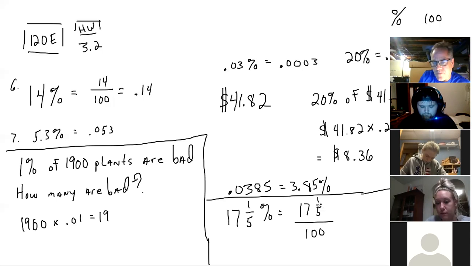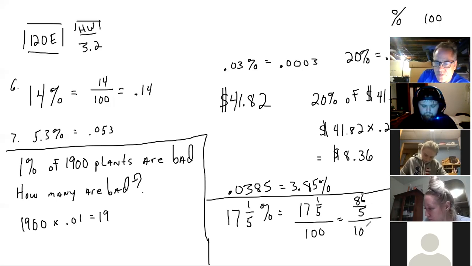So remember, that would be 5 times 17 plus 1. So 5 times 17 is 85 plus 1 is 86. So 17 and 1/5 is 86 fifths over 100. Now, remember, this would be like over 1. So I could now take my 86 fifths and multiply that by 1 over 100.